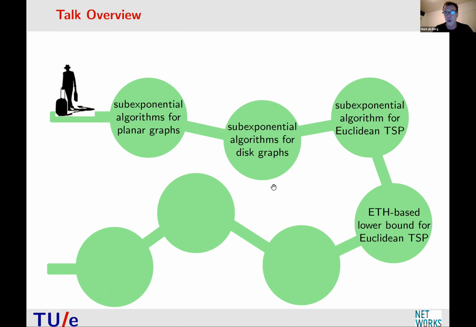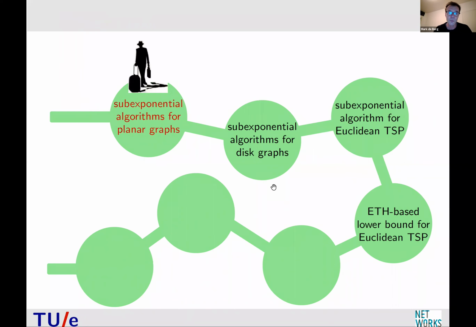Then I'm going to talk about sub-exponential algorithms for disk graphs, and that's where the new stuff comes in. Then I'm going to hopefully say something about Euclidean TSP, and maybe also something about lower bounds for that. Okay, so let's start with the planar graphs.